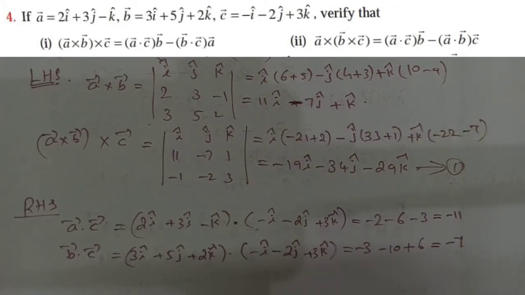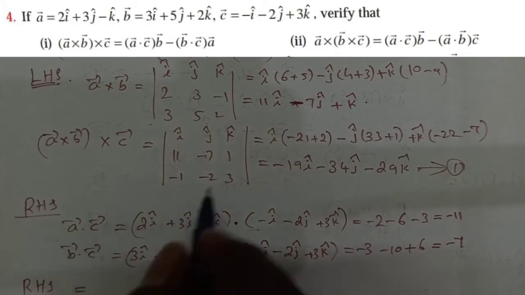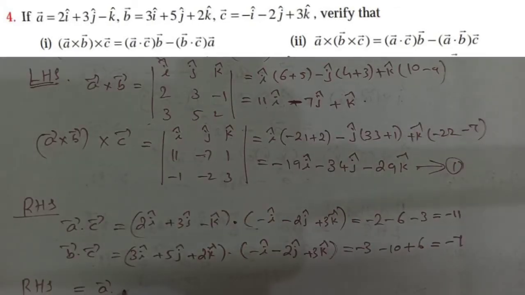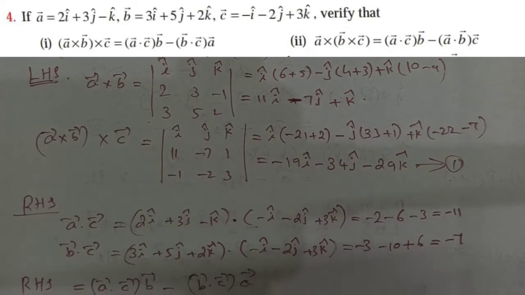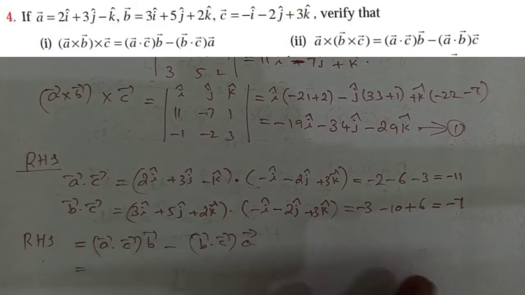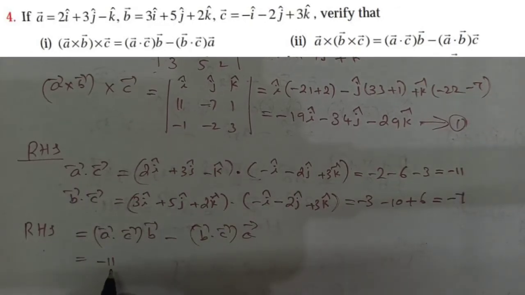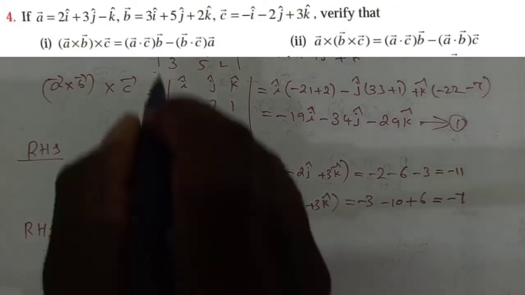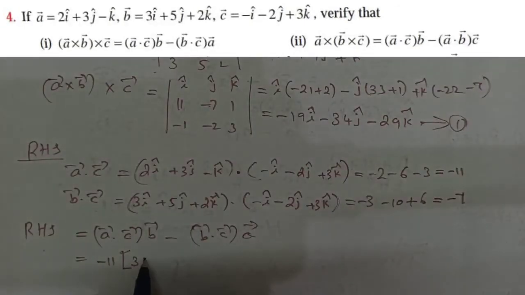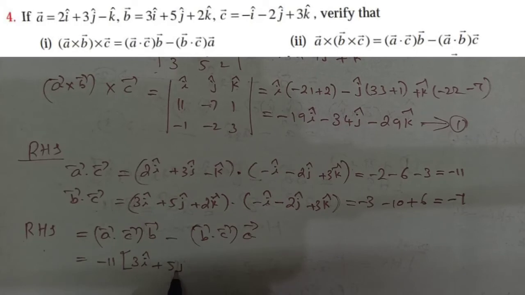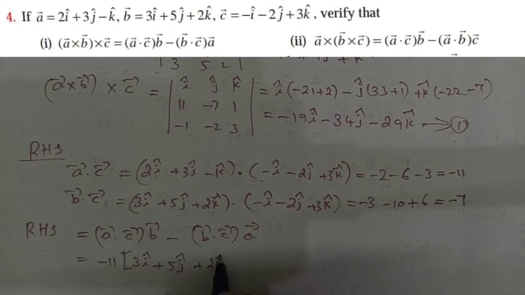Okay, next for RHS, the value is A vector dot C vector into B vector minus B vector dot C vector into A vector. Here we find the values: minus 11, A dot C, that is minus 11 into the value of B vector, which is 3 i cap plus 5 j cap plus 2 k cap.